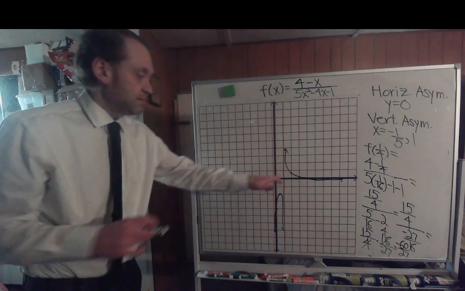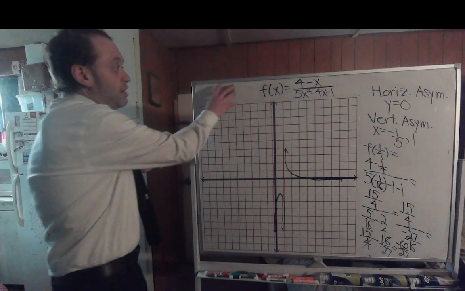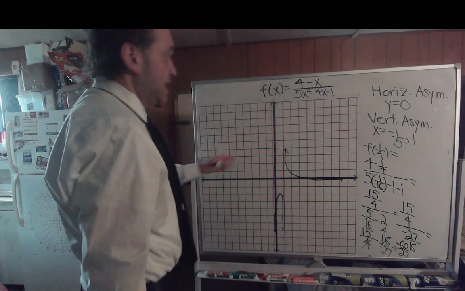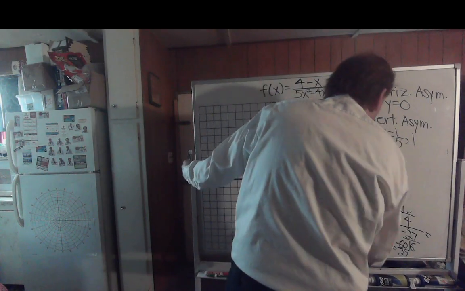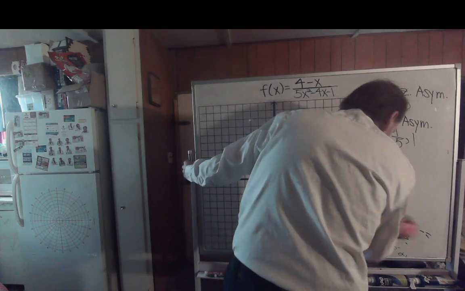Now let's go to the left of negative 1/5. Let's do x equals negative 1. So let's do f of negative 1.